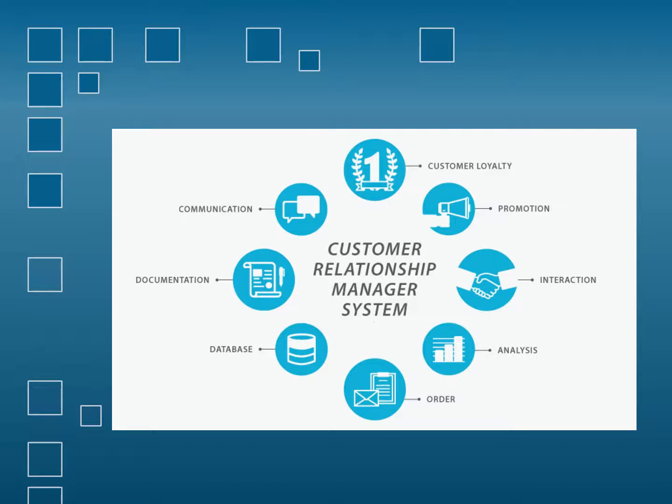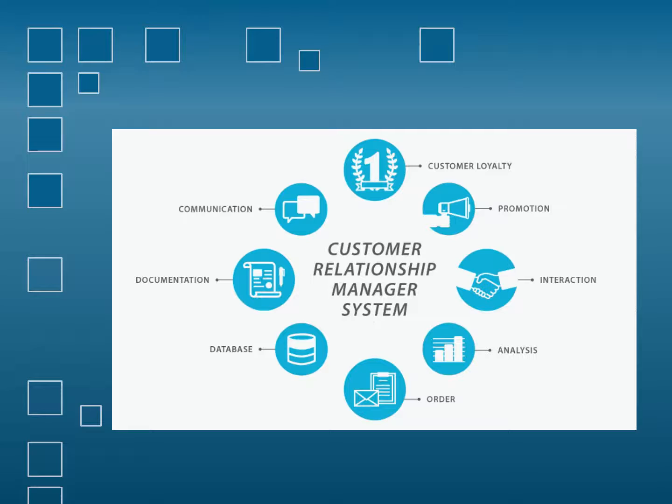So now that we know what a CRM system is and how it allows businesses to manage business relationships and the data and information associated with it, we now look at what are all the different types of ways that we can track via a CRM system. Number one, obviously, with this system, you want to see customer loyalty.